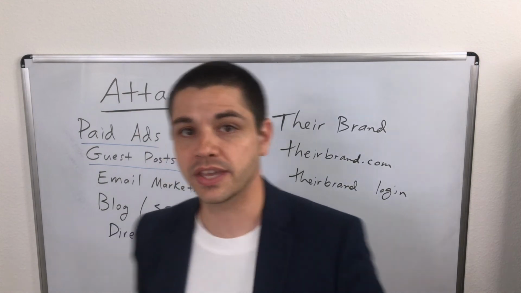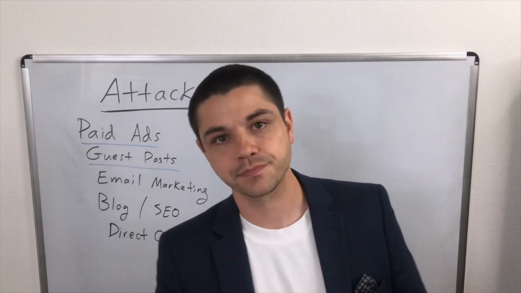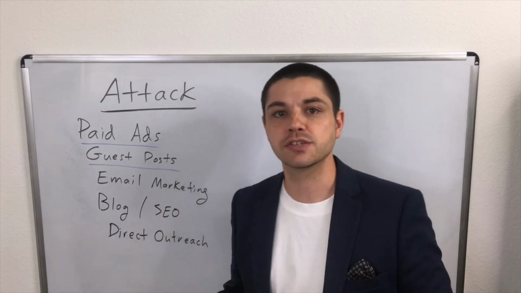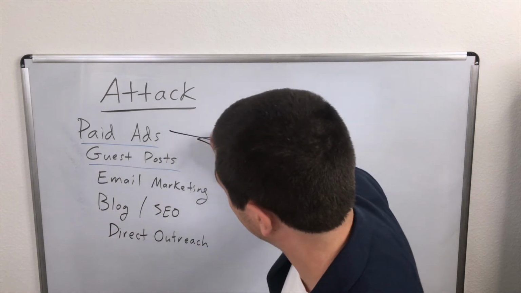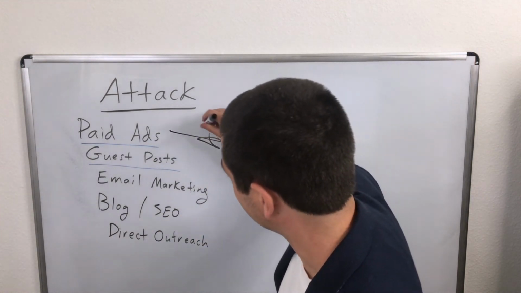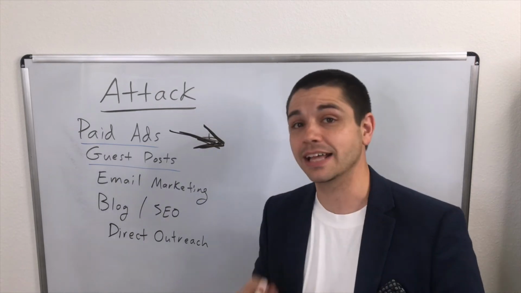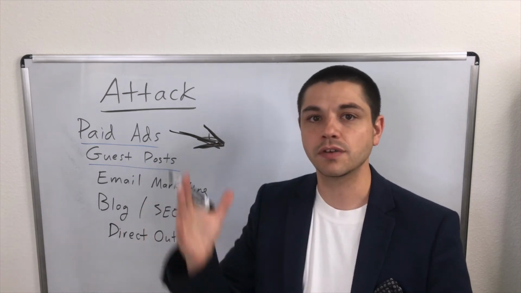Now, another way that we can put ourselves in front of our competitors' traffic is on YouTube. On YouTube, we can choose placements for our paid ads. And let me just go ahead and make an arrow over here. That's a terrible arrow. There we go. So we're talking about paid ads right now. We can actually place our YouTube ads in front of other YouTube channels.